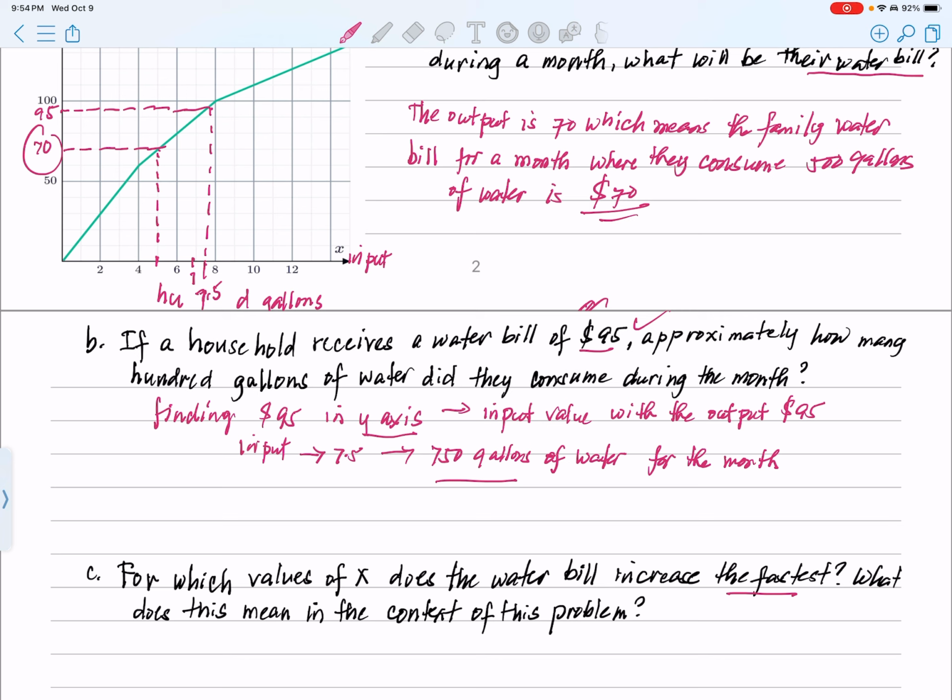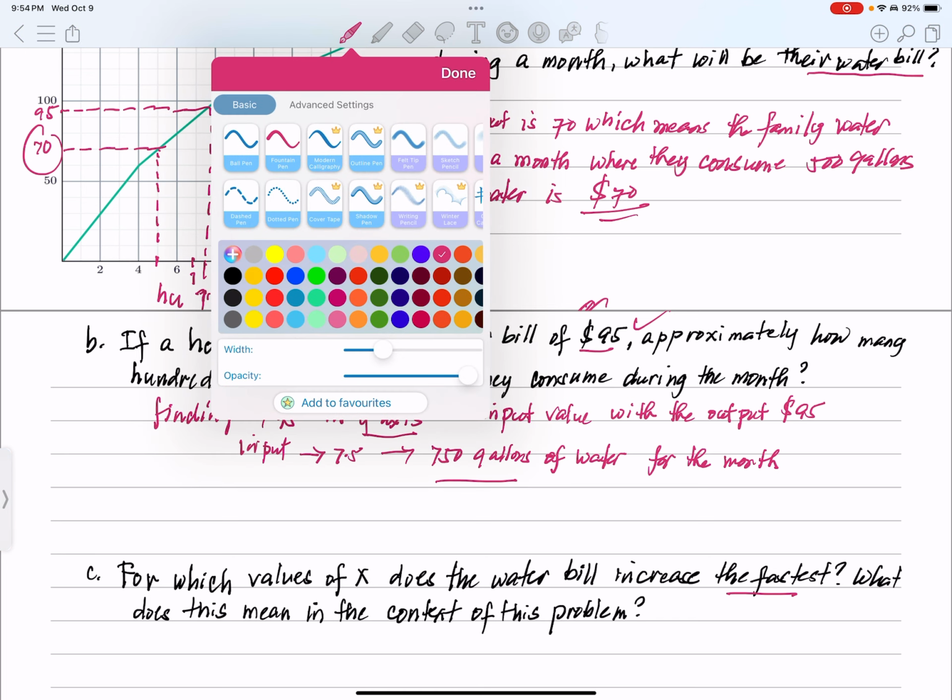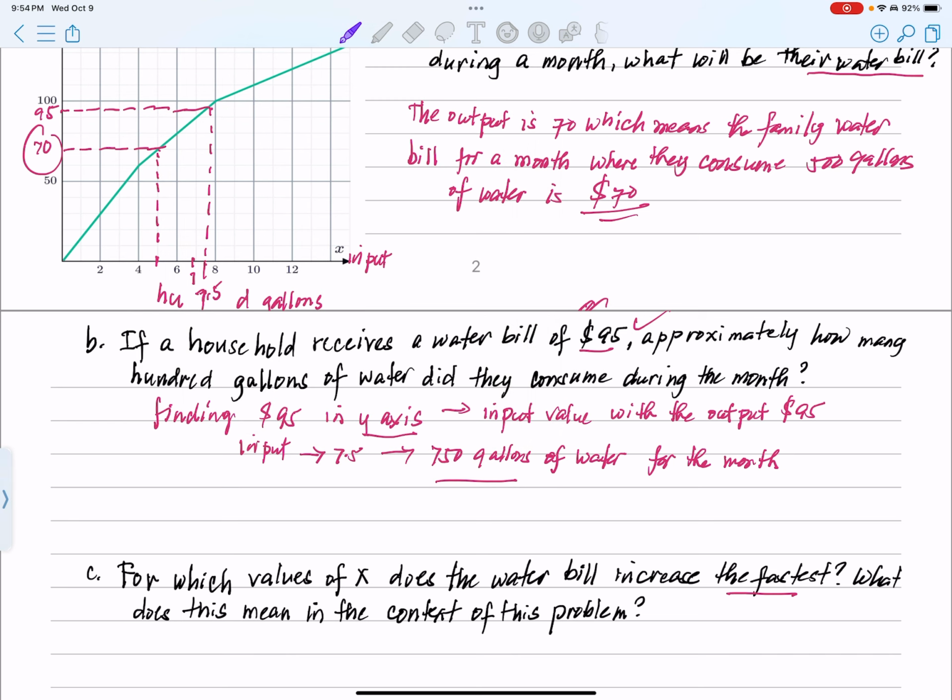Okay, let's do this by segments of the graph. I think I'm going to use a different color here so that we can identify it. All right. I want to look at this segment right here.